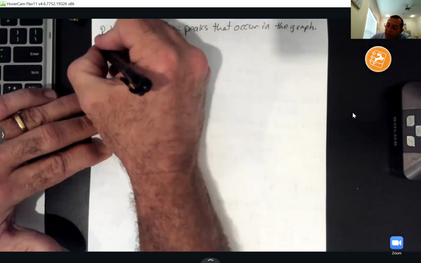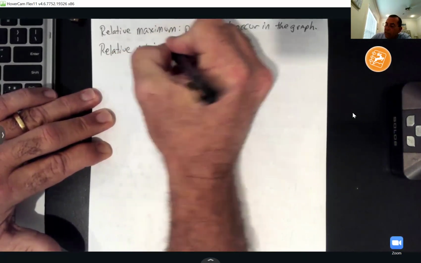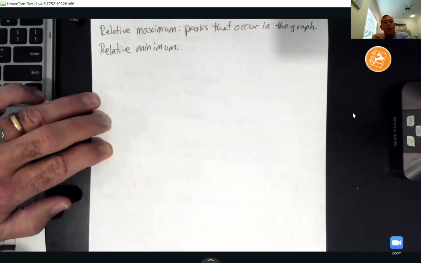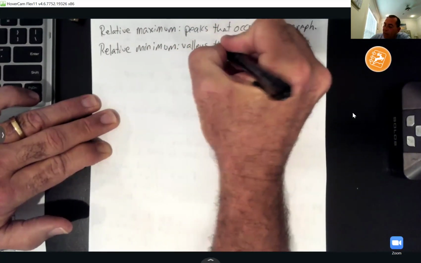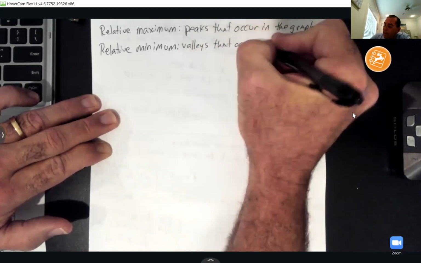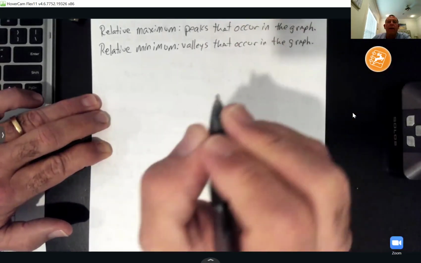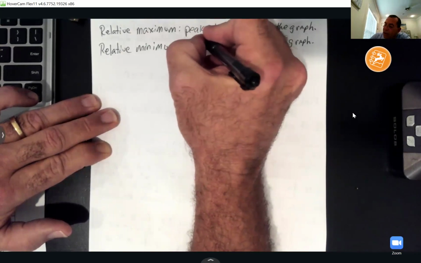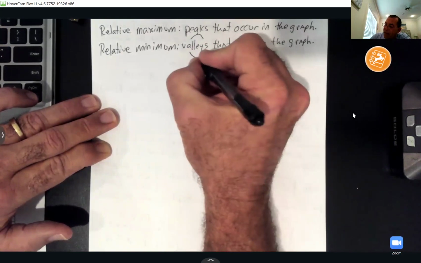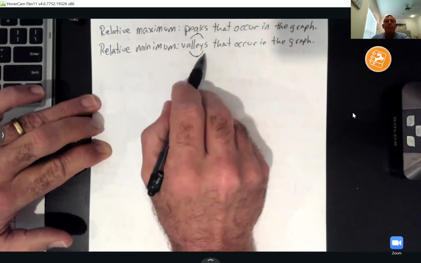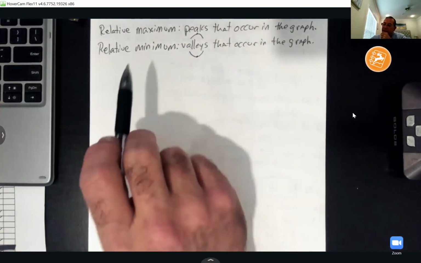And then the relative minimums, well, y'all, those are going to be valleys that occur in the graph. So my peaks are little mountaintops, and my minimums are valleys. Okay, so we'll go back to the graph for these.